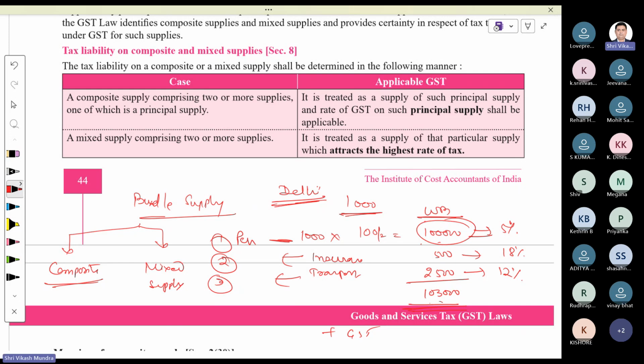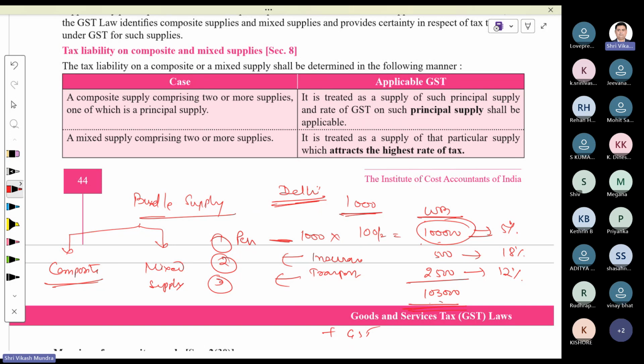How could I identify whether it's a composite or mixed supply? In case one of the supplies is the principal supply in the bundle and other supplies are ancillary to that, in that case, that bundle is considered as a composite supply.